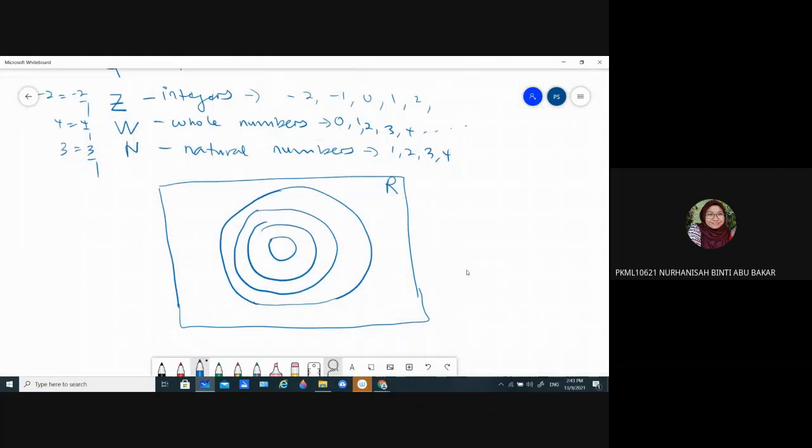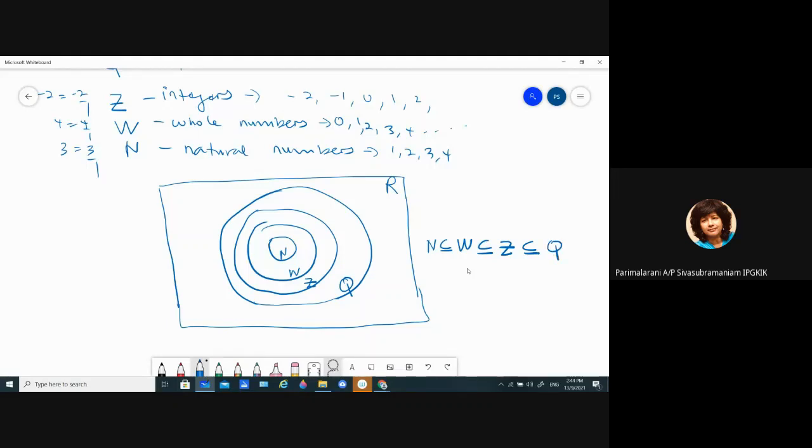Natural numbers. Yes, this is natural numbers, and then after that is whole numbers, and then integers, and then rational numbers. So from here we know that natural numbers is a subset of whole numbers. Whole numbers is a subset of integers. Integers is a subset of rational numbers.